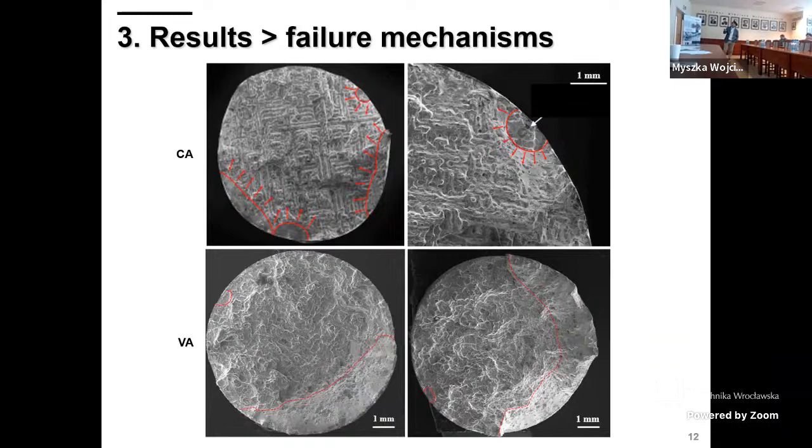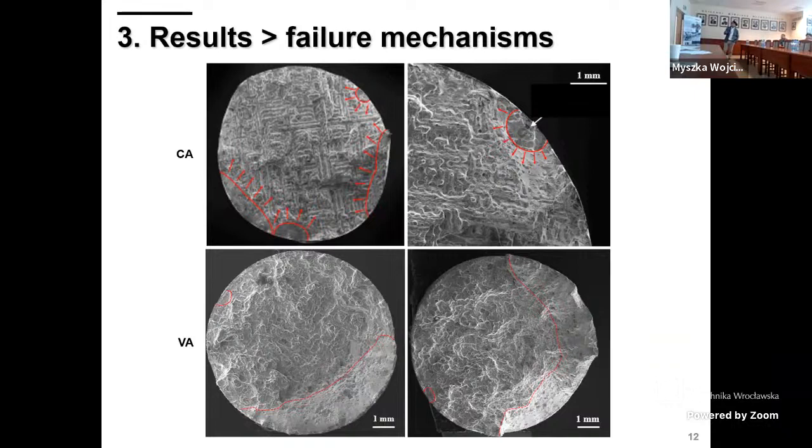So we have found in some cases multi-crack initiation phenomena. We can see several cracks located near the surface or close to the surface, and then they propagated towards the center of the specimen, and here is basically the same.